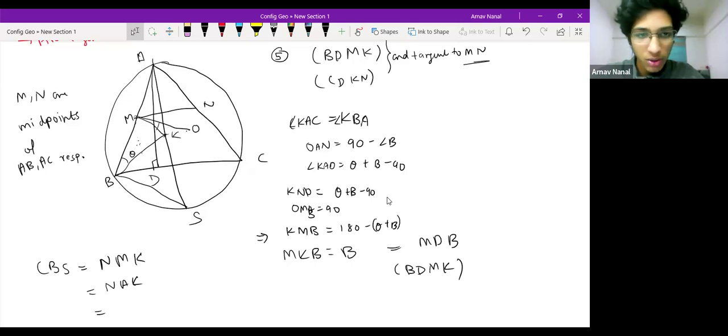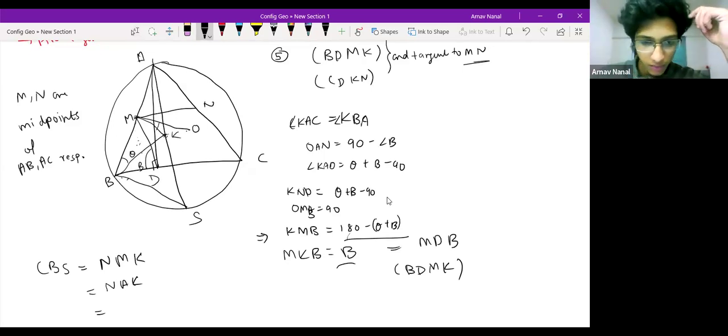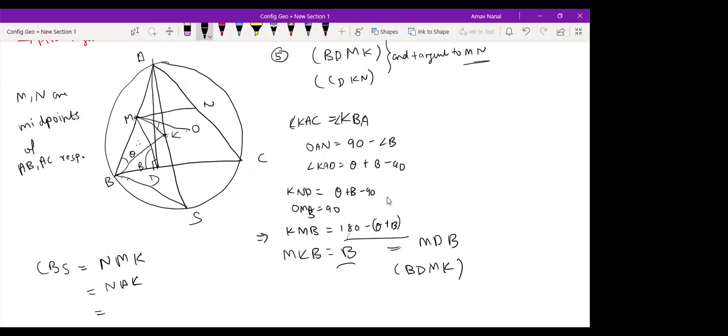So you subtract that and you get angle KMB is 180 minus theta minus B. So you get that angle MKB is B by the angle sum property. And in triangle ABD, M is the midpoint, so MB equals MD. So this angle is B. So you're done. Okay, got it.